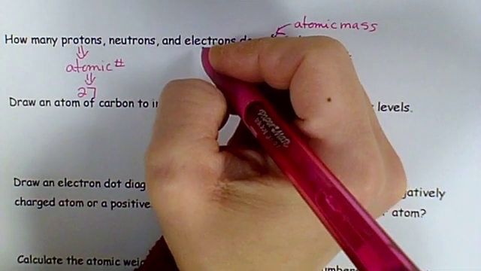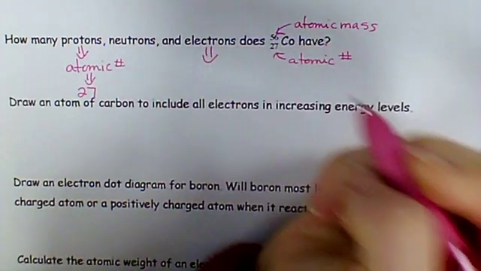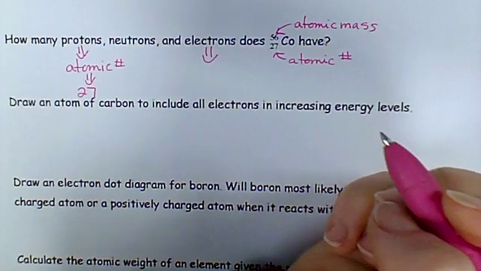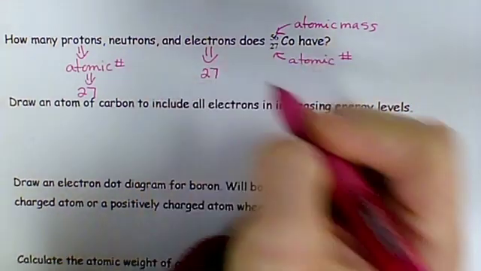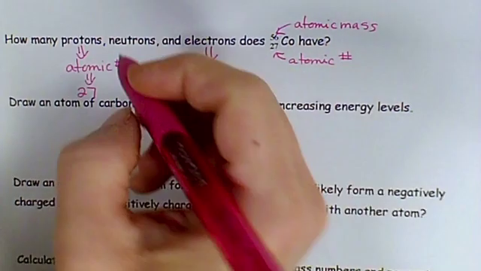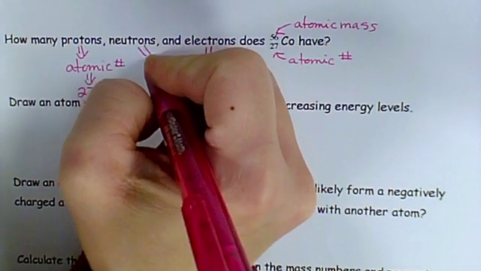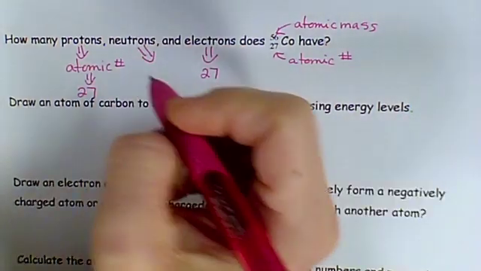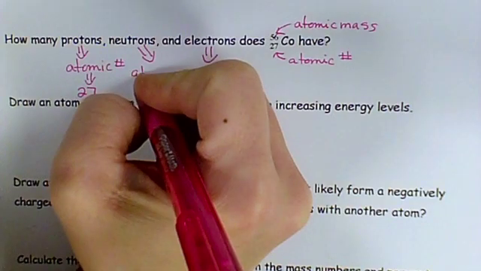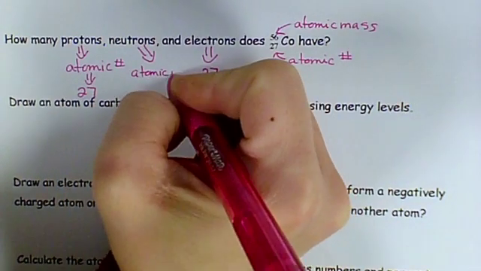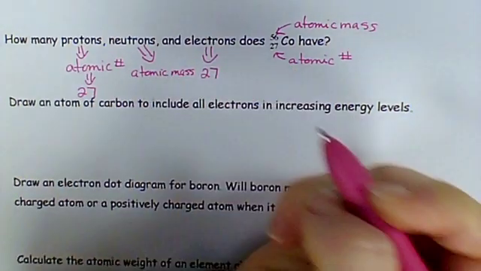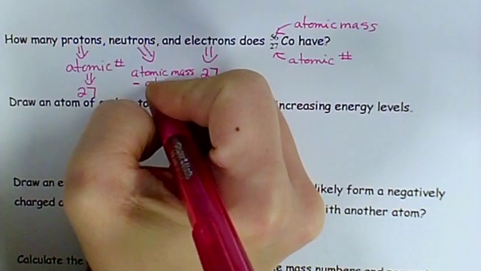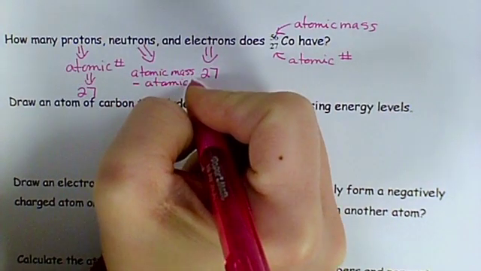And the number of electrons is the same as the number of protons, which is 27 in a neutral atom. Now, the neutrons are the atomic mass minus the atomic number.